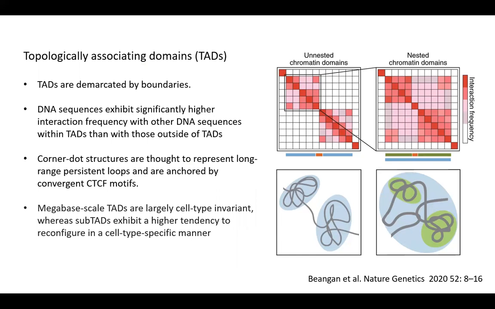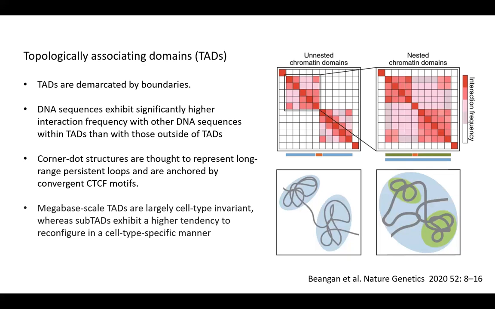And they were able to do this Hi-C and apply it to different genomes. The human was the first, but then they applied it to other species. And what they found was that these structures tend to be very conserved, and especially the larger structures are more conserved.